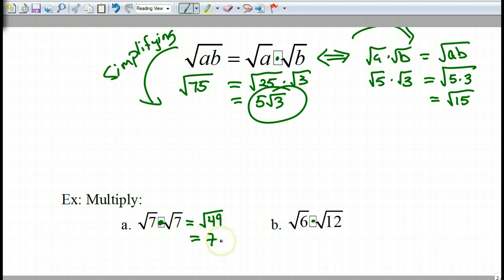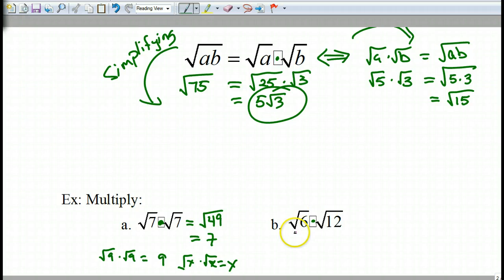Here's something you should know: if you have two square roots of the same number, it's just going to be itself without the square root. So the square root of 9 times the square root of 9 is 9. The square root of x times the square root of x is just x.